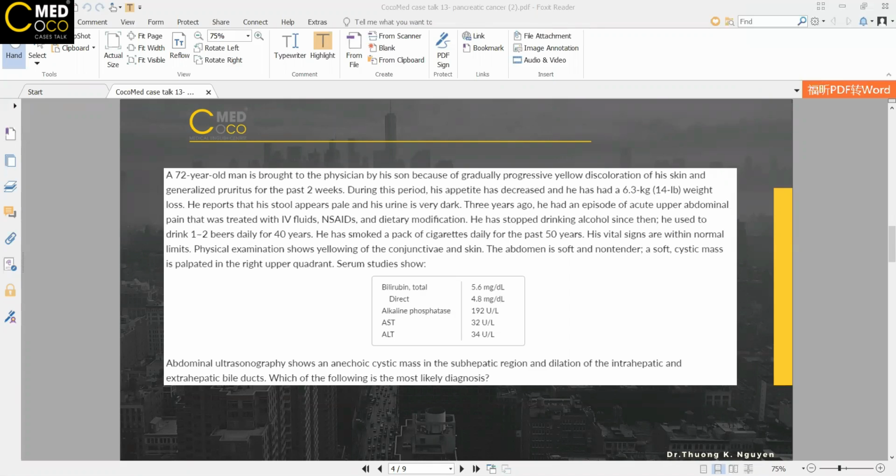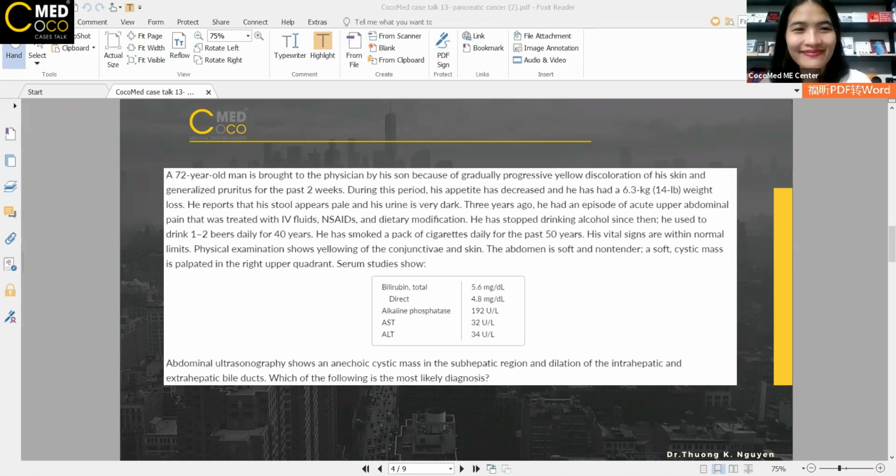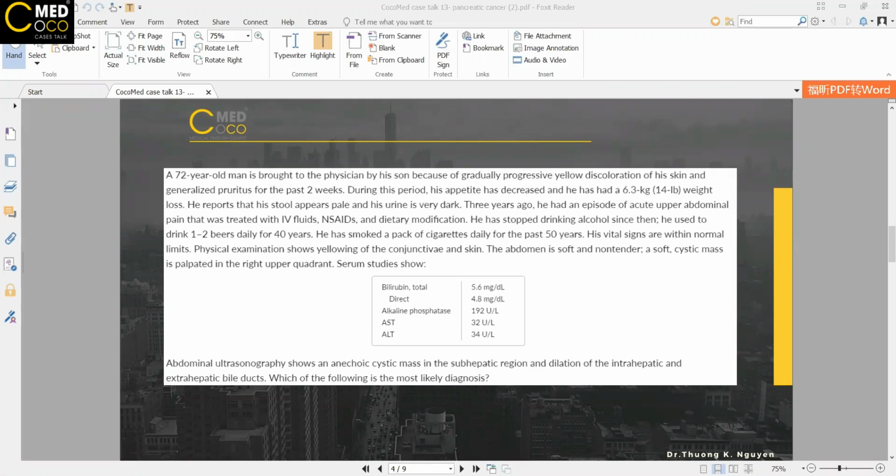His appetite has decreased and he has lost 6.3 kilograms of weight. He reports that his stool appears pale and his urine is very dark.